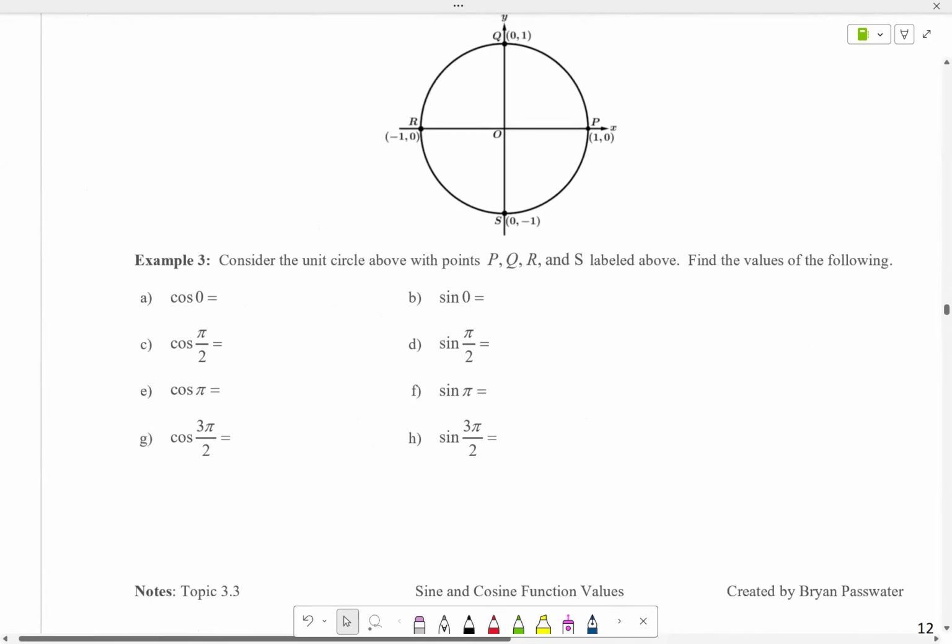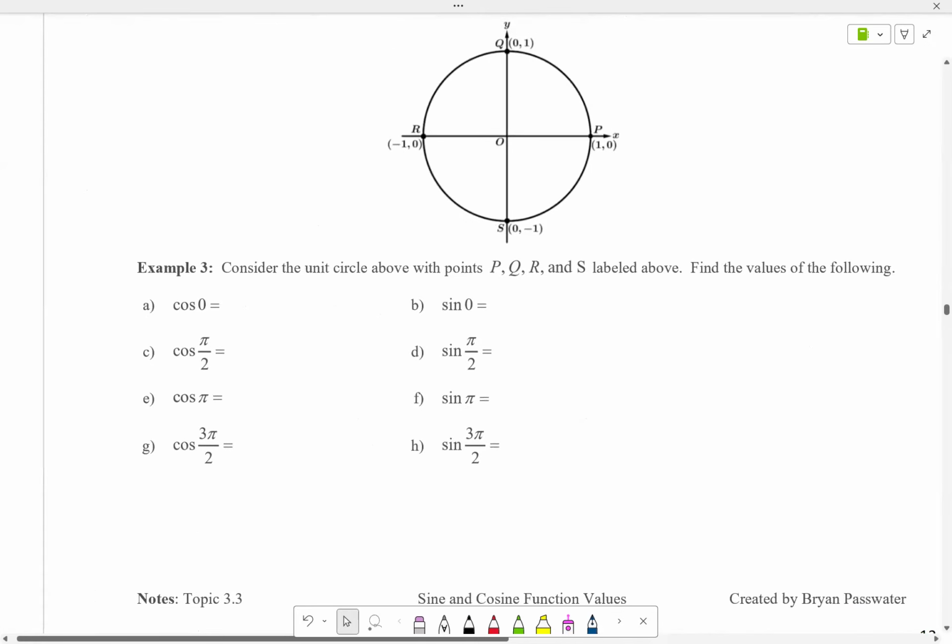I want you to think about cosine of 0. Is it 1? Yes. For cosine of 0, we just look at that point. So this is 1.